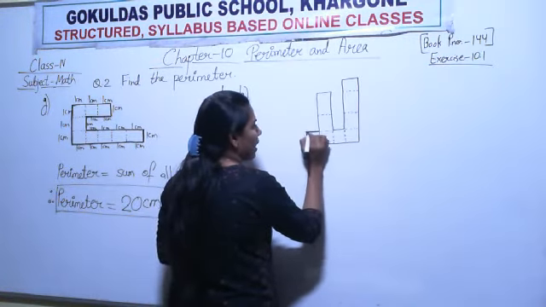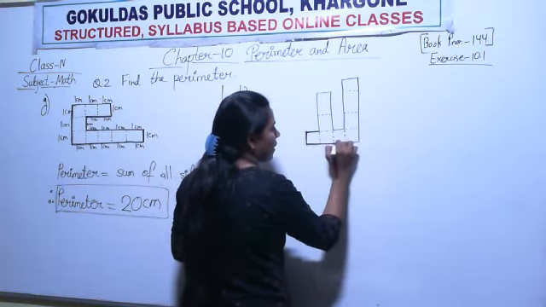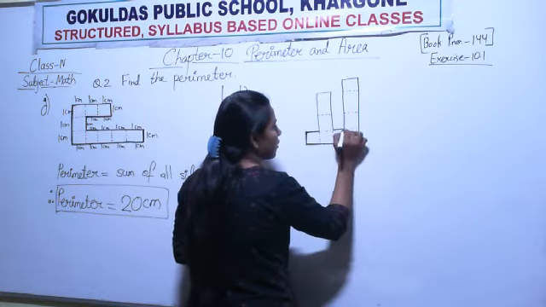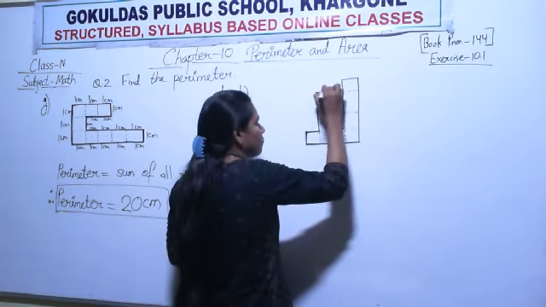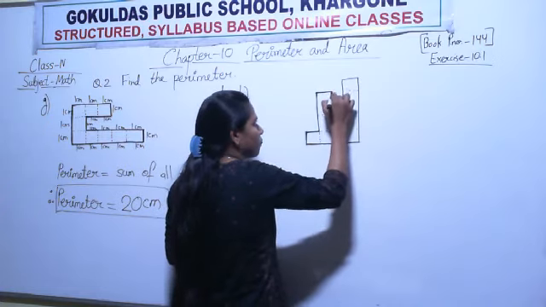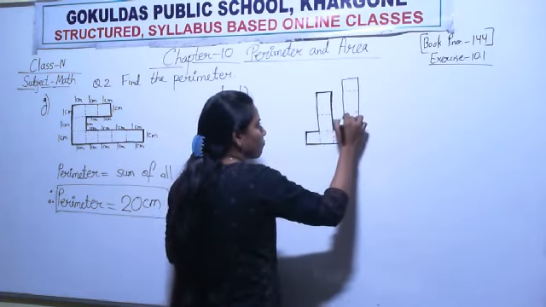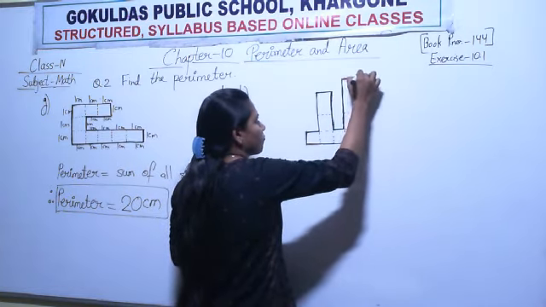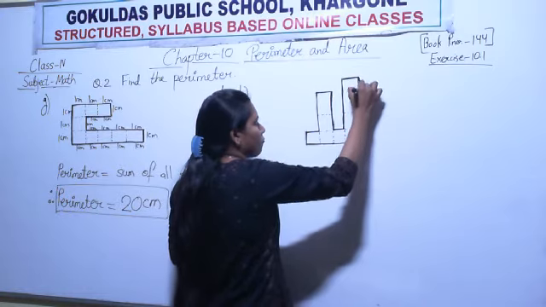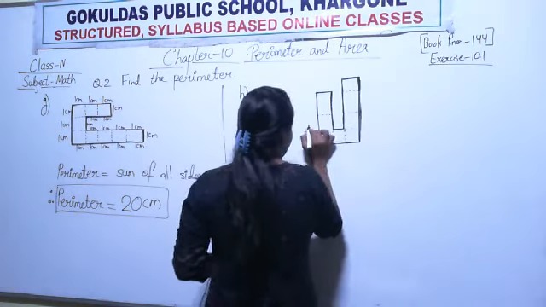Now question number H. Let us find the perimeter of this figure or this shape. Okay, we have this shape.